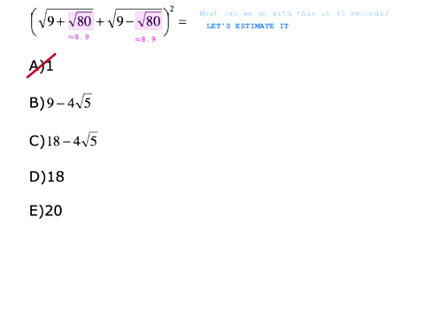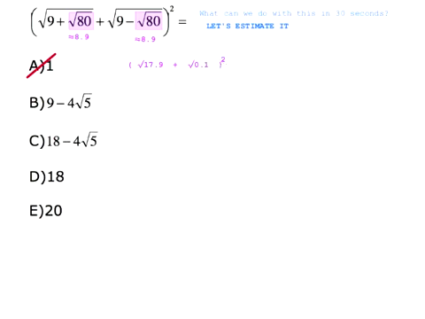So this is going to reduce to square root of about 17.9 plus square root of about 0.1, squared. Now this is where you're like, wow, this is really small.